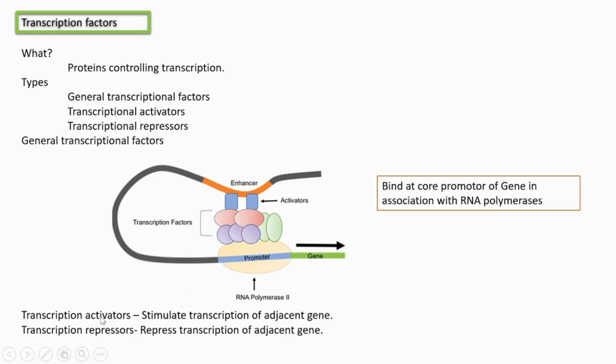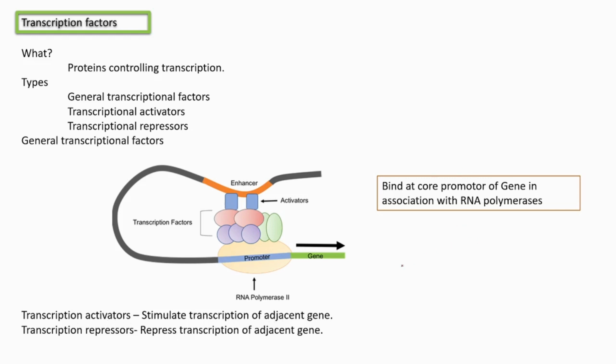Next are transcriptional activators. These are another class of proteins that activate or stimulate the transcription of an adjacent gene, a gene near the place where the activator binds.